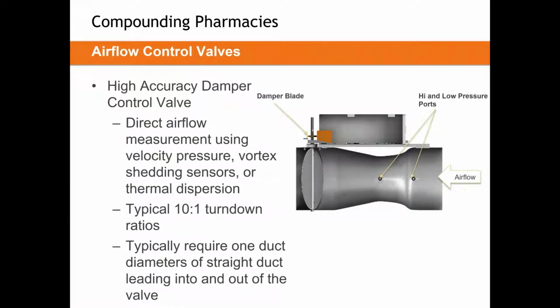But typically, we're going to use a more accurate technology to measure these, meaning a better technology, meaning a slightly more expensive technology, to make this a device that can be controlled to plus or minus 5%. Most high accuracy terminals can be controlled from minimum flow to maximum flow to plus or minus 5% accuracy. So these will be devices we more commonly look at in these compounding pharmacies.